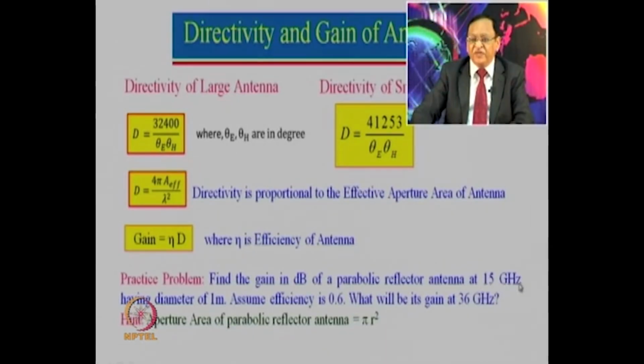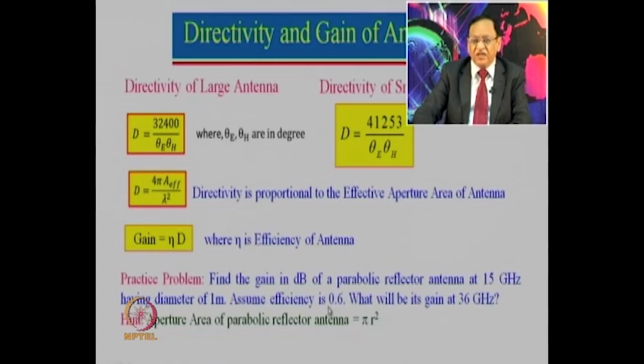Here f is 15 gigahertz, lambda is equal to c by f, where c is velocity of light. If you put that in, lambda comes out to be 2 centimeter. From there you can find the directivity. However, efficiency of this parabolic reflector is only 0.6, so gain will reduce correspondingly.